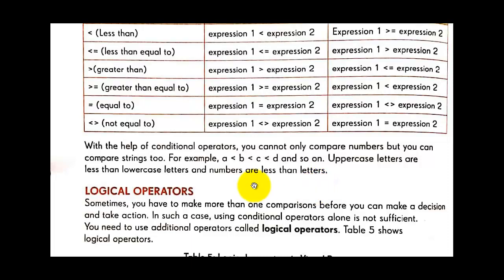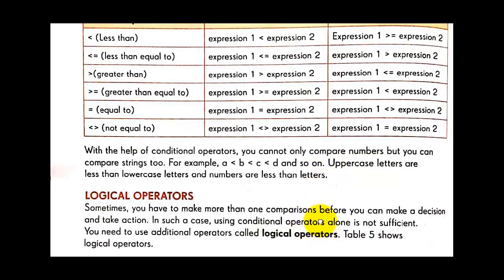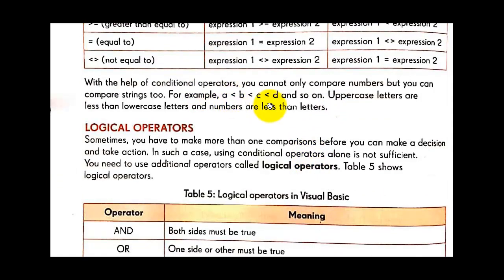We should know that uppercase letters, that is capital letters, are less than lowercase letters, that is small letters, and numbers are less than letters. You should keep this in mind. You can underline from here to here. And for example, capital A will be less than capital B, capital B will be less than capital C, and so on.